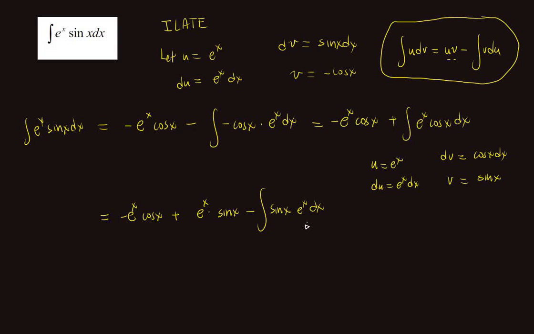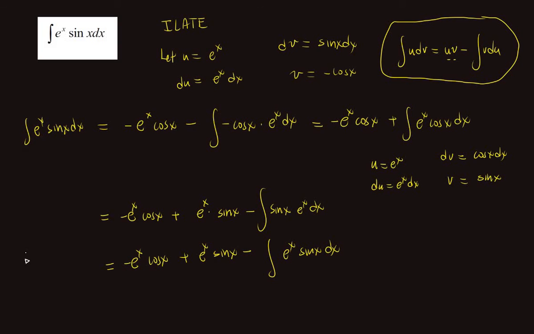And you start saying, hey, wait a minute, didn't we start with this one a moment ago? Let's rewrite it again. This is going to look like minus e to the x cosine of x plus e to the x sine of x minus the integral of e to the x sine of x dx.